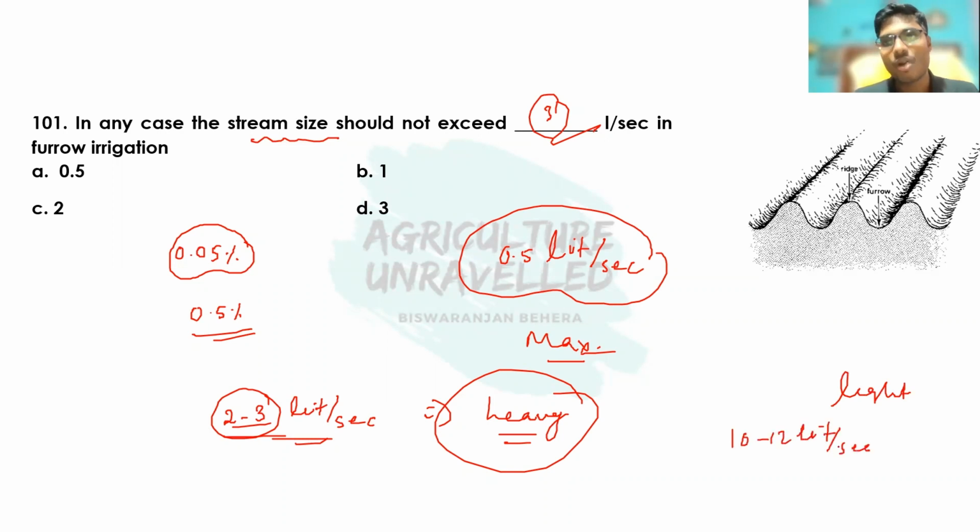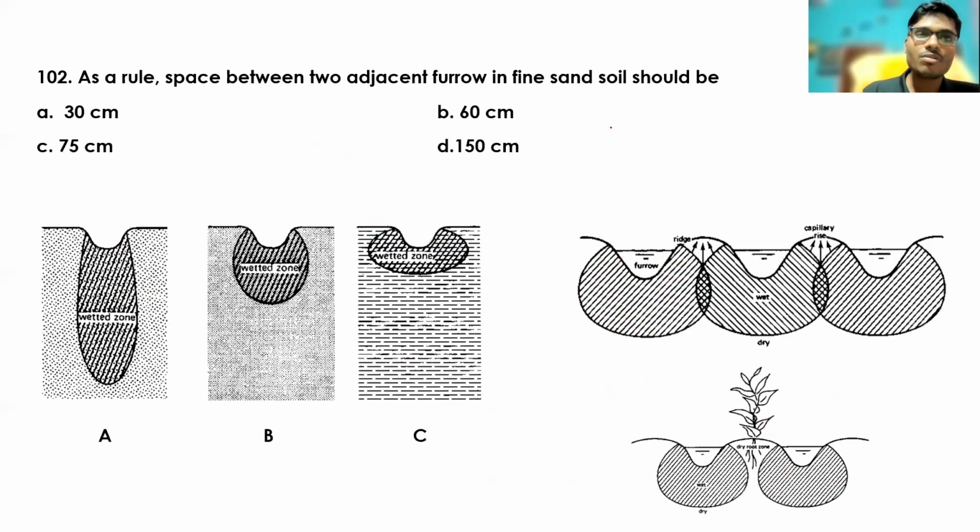But in case of furrow irrigation, the maximum stream size is 3 liter per second. So it is clear that in border or bay irrigation, the water requirement is higher as compared to furrow irrigation.